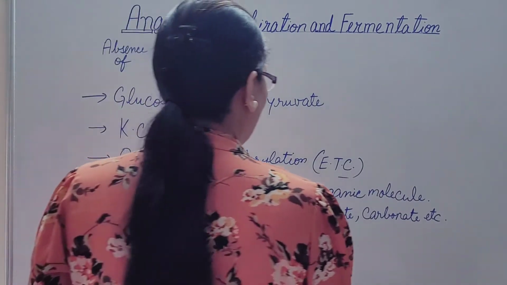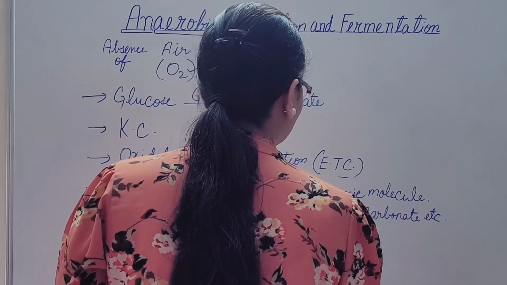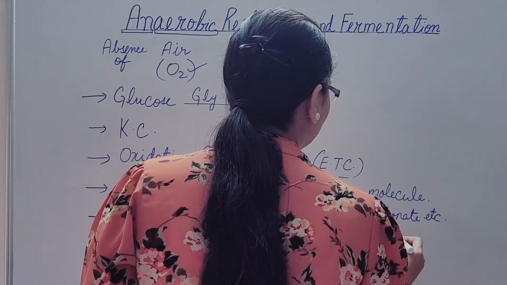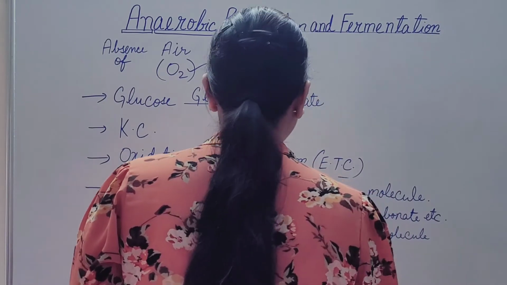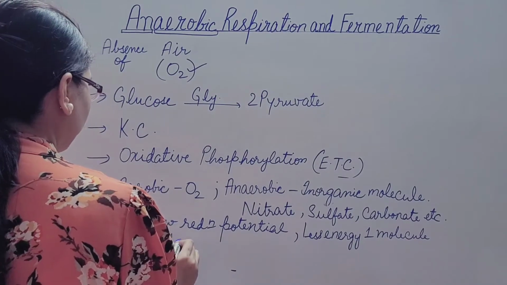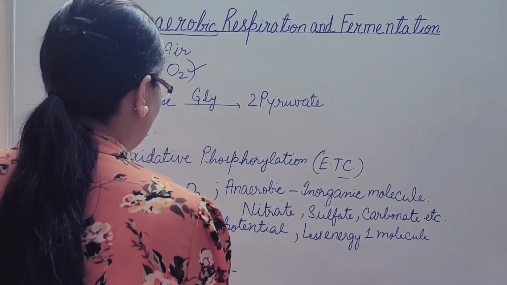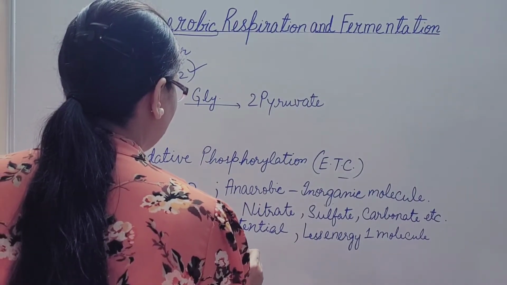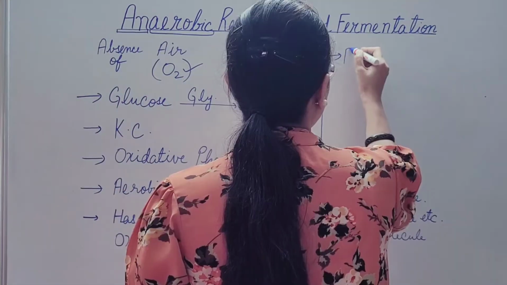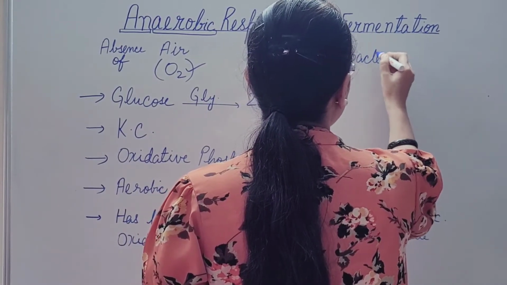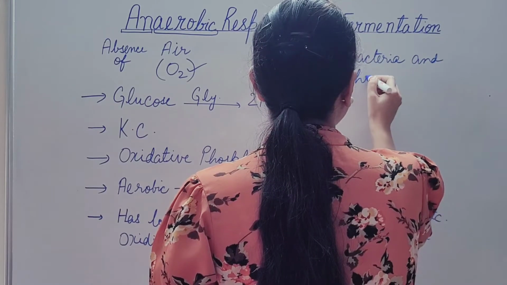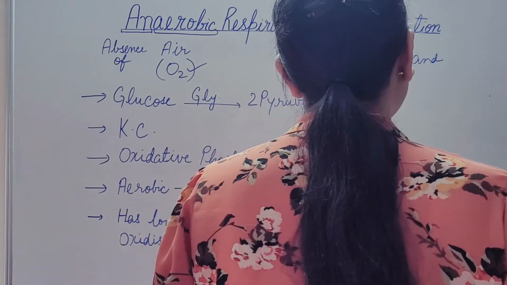So we get less energy from one molecule of glucose oxidized. Thus, it is less efficient compared to aerobic respiration. Anaerobic respiration mainly takes place in bacteria and archaea, which live in low oxygen environments.